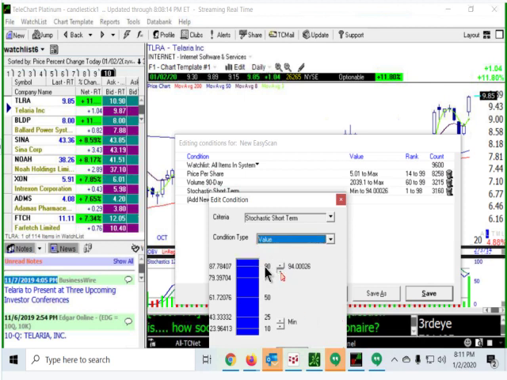I want all the stocks that are less than 20. All right, so let's use that number.